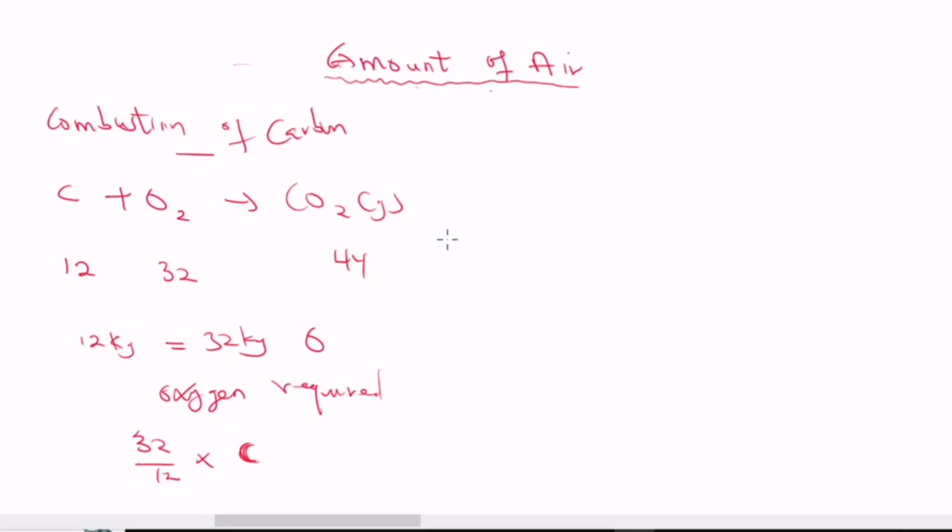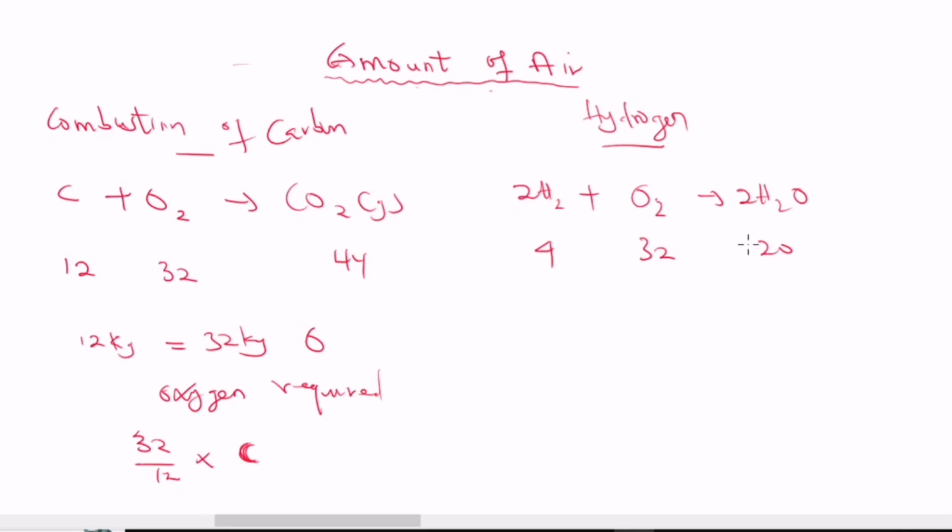Let's do combustion of hydrogen. For combustion of hydrogen, we know that 2H2 plus oxygen gas gives you 2H2O. The molar masses will be 4, 32, and 36 here.